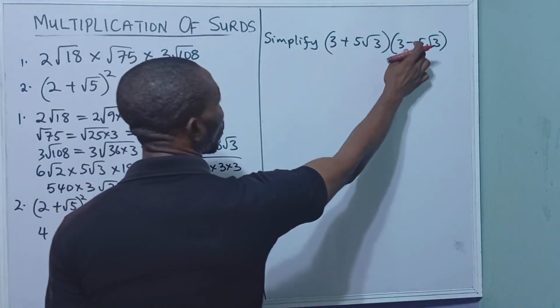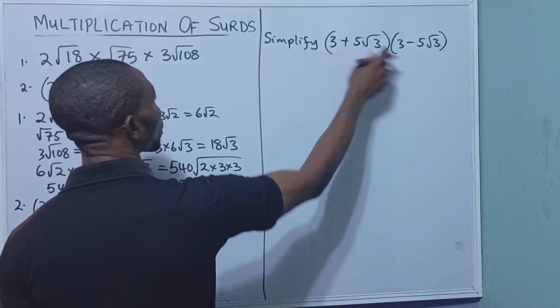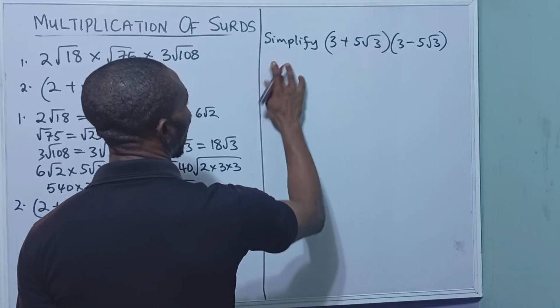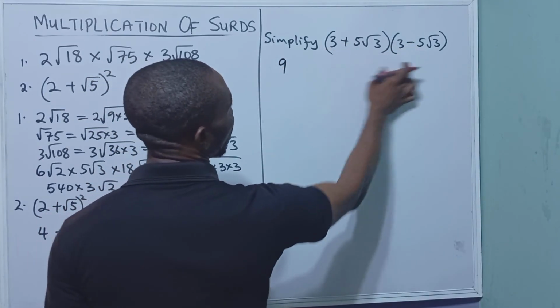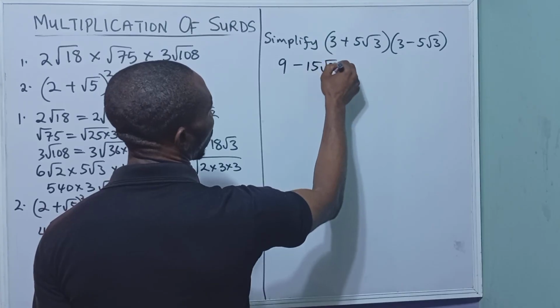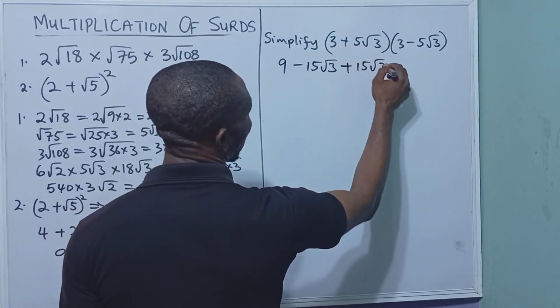Now this will multiply this. So we have 3 times 3 will give us 9. Now 3 times minus 5 root 3 will give us minus 15 root 3. This will give us plus 15 root 3.